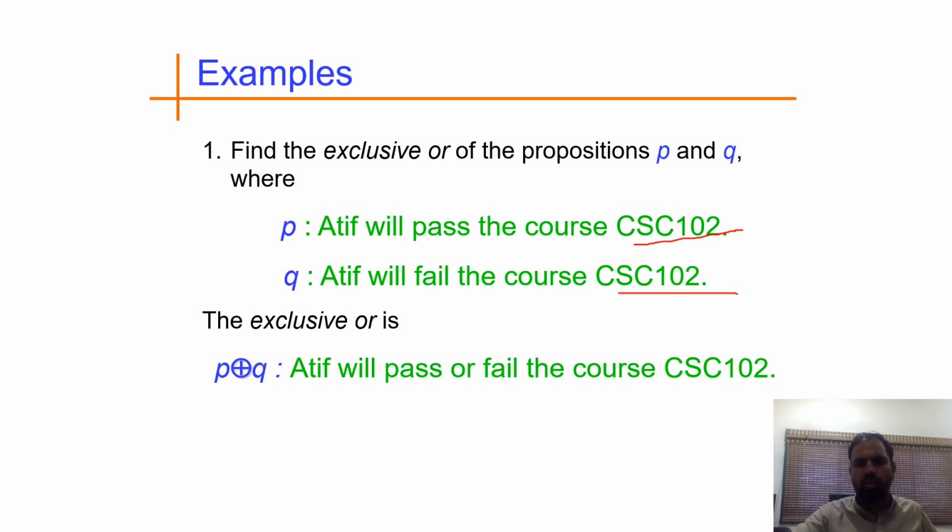This is the code of the subject CSC102, used here for discrete structures. The exclusive OR of these two propositions is: Atif will pass or fail the course CSC102.